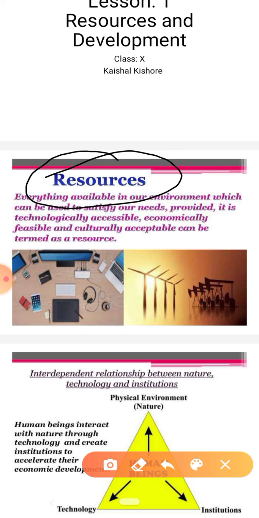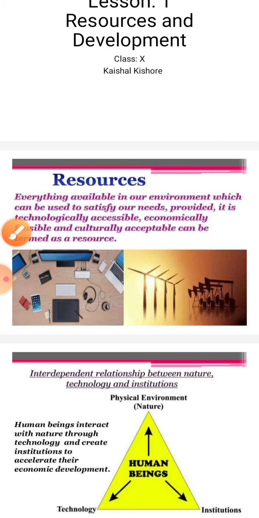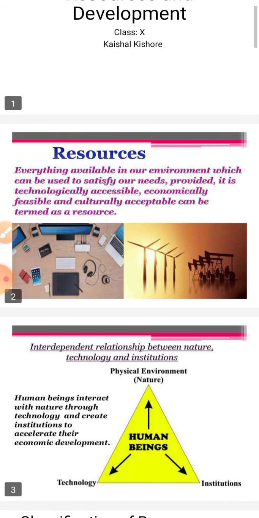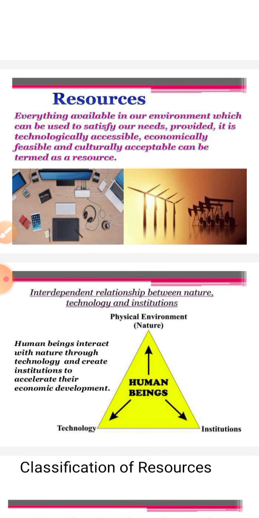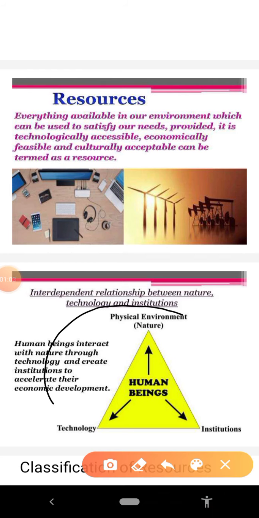The process of transformation of things available in our environment involves an interdependent relationship. This interdependent relationship is shown by this diagram between nature, human beings and technology.